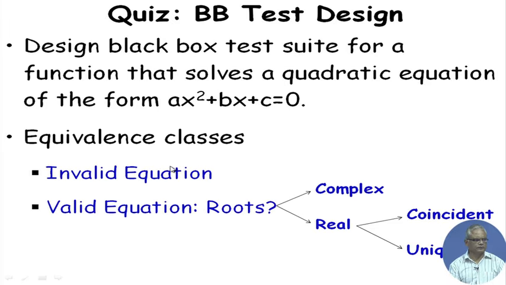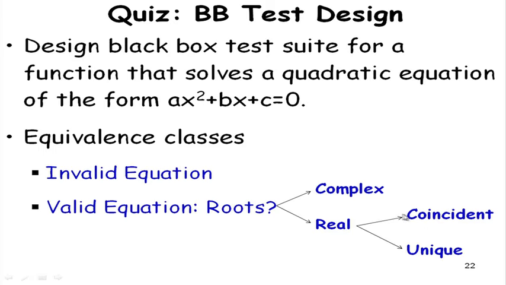So, if we represent that, we have the valid equations and invalid equations with different equivalence classes. One is that a, b, c are 0, invalid equation or invalid input values, a, b, c are characters, and for valid equations we might have real and complex, and real the coincident and unique.